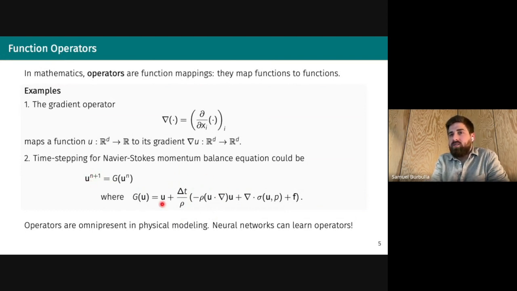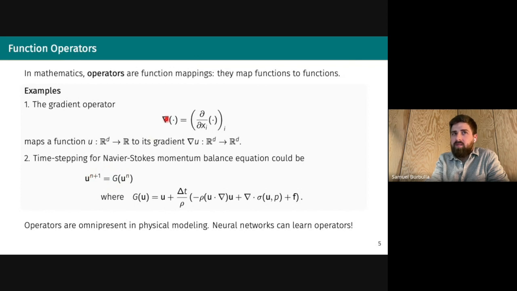This is usually what traditional schemes also solve for, but imagine we can learn this operator to predict, given an old time step, efficiently the next time step of a system. And this is why operators are so interesting in scientific machine learning.